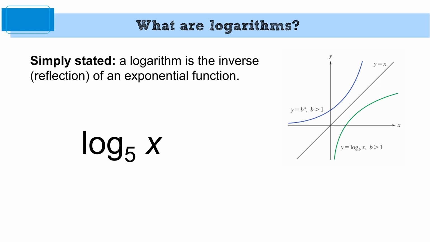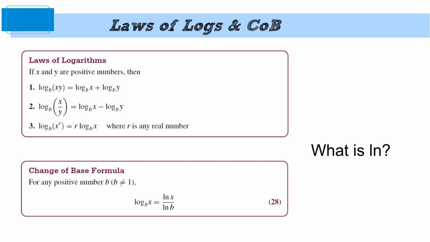What is E again? 2.718281828459045. Okay, good.